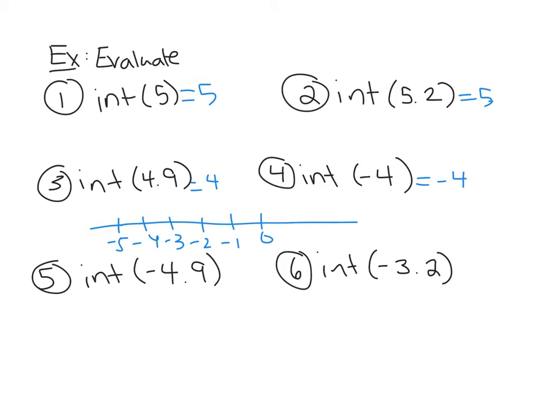Right now, we have int of -4.9. That's right here. The next smallest integer is going to be to the left of that on your number line, so it's going to be -5. You do the same thing for -3.2. That's about right here. The next smallest integer is -4.